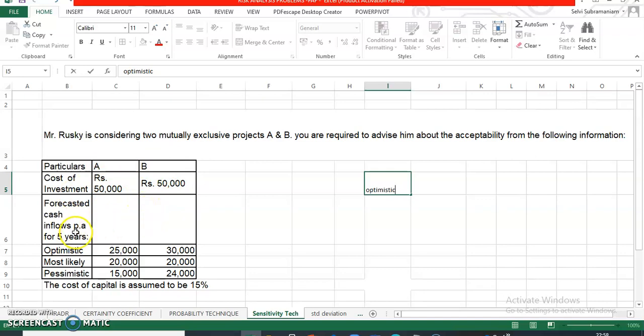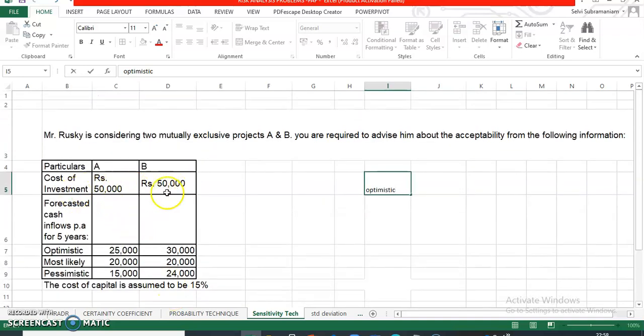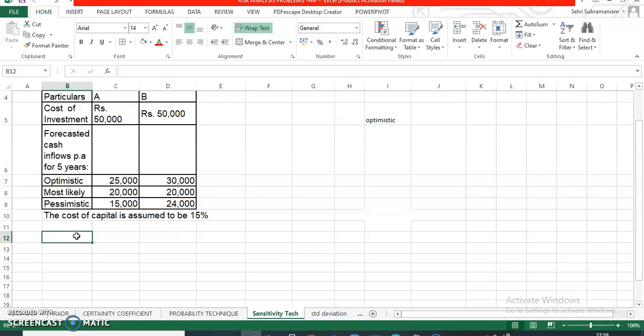The forecasted cash inflows per annum for 5 years are given to you: 25, 20 and 15, 30, 20 and 24,000. The cost of capital is assumed to be 15%. Now they've asked you, of these two investments, which is the best? And you're supposed to advise Mr. Rusky. So let's solve.